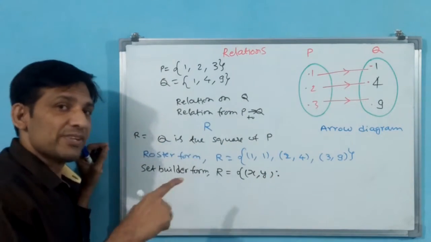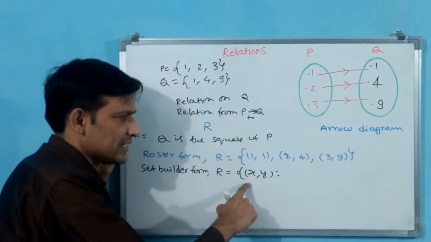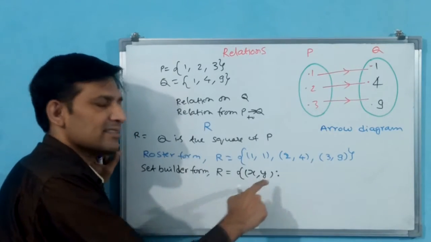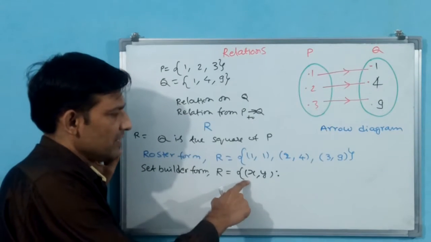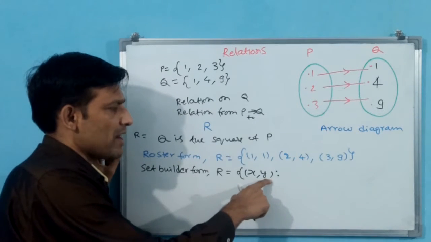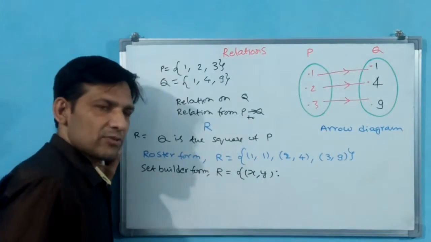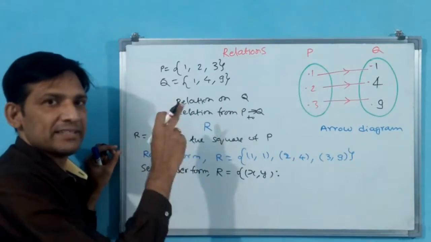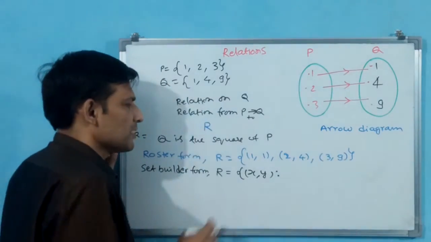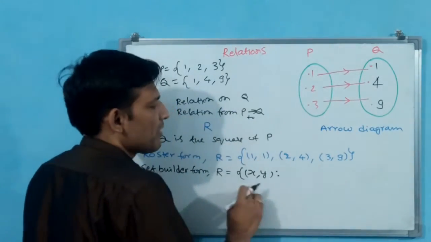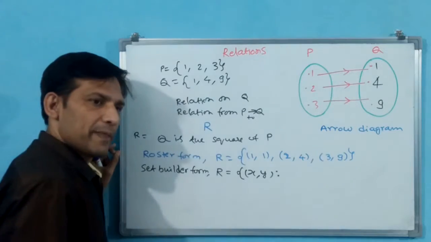In set builder form for sets, for all values of x, only x colon will come. These parentheses, small brackets, will not come. But here under parentheses (x, y) colon has to come. For all values of x, y we can write here. That means whatever we are writing here will be applicable to both x and y.